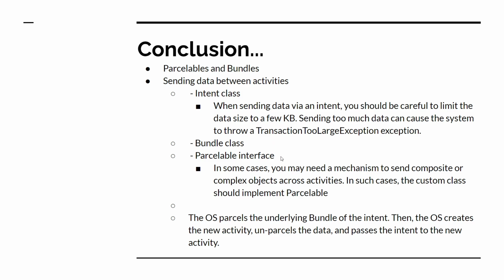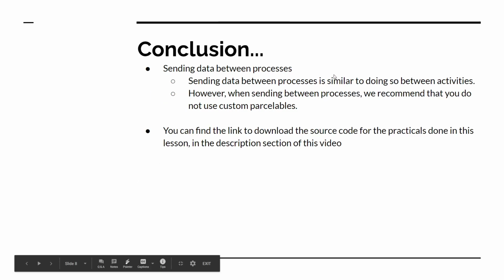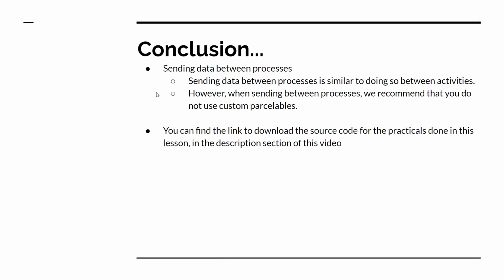The intent uses its underlying bundle and the parcelable interface to define complex objects, and that's how the mechanism works. We briefly touched on sending data between processes, where it's not recommended to use custom parcelables.